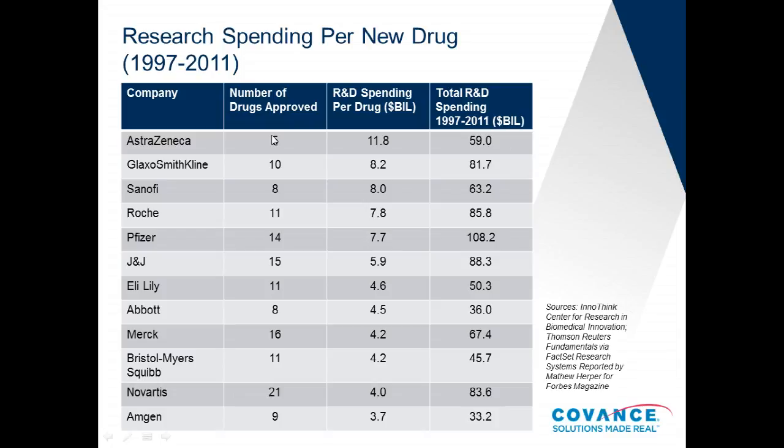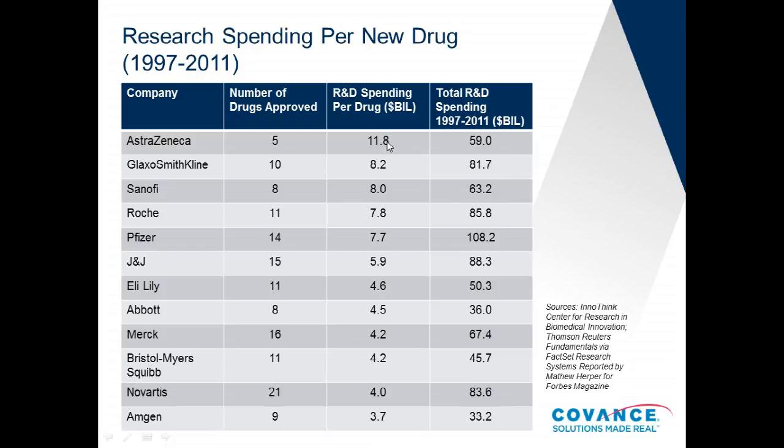And if you just do the simple math of dividing the amount of money spent by the number of drugs that they were able to approve in that time frame, you can see that the amount of money they spent in order to produce each drug can be anywhere from $4 billion up to almost $12 billion.